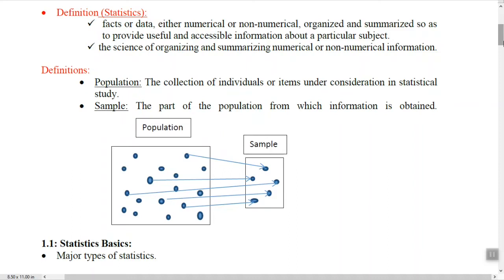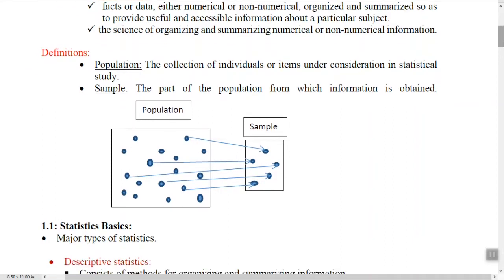In another way, we can say that statistics is the science of organizing and summarizing numerical or non-numerical information. Remember that we are dealing with numerical or non-numerical information. So in statistics, we deal with this numerical or non-numerical data, organizing and summarizing, and finally interpreting it. So this is the way we deal with statistics.